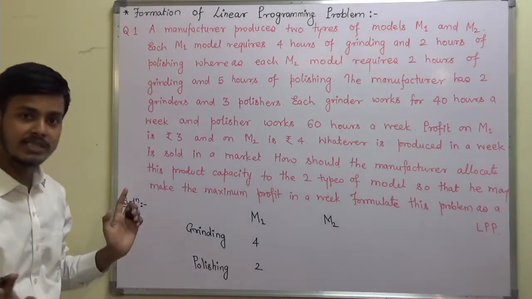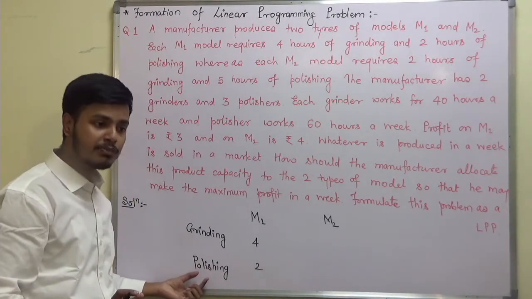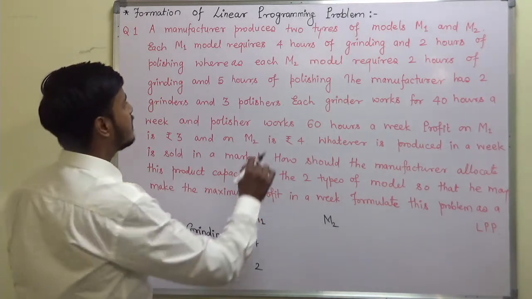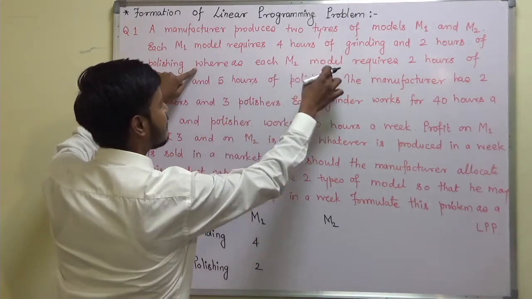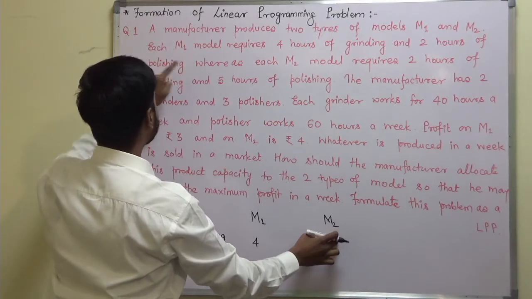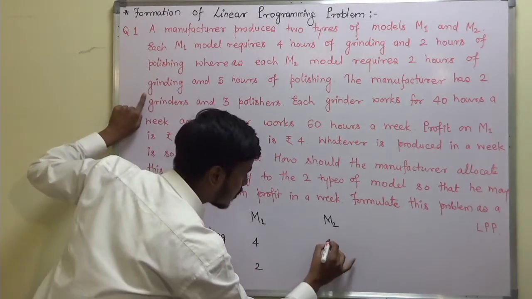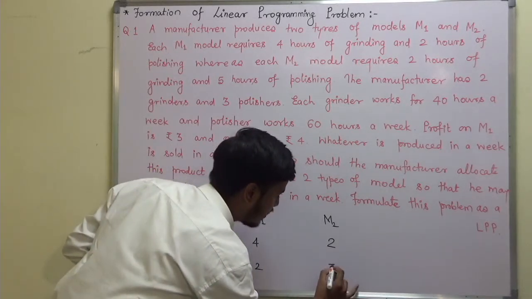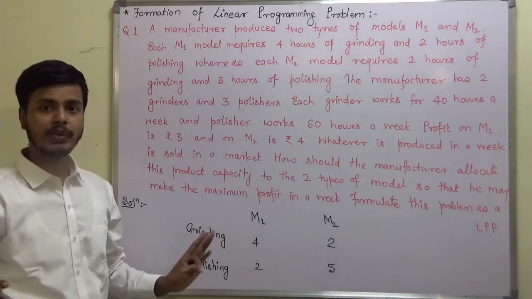Is it okay up to this? As this is the very first problem, go with ease. Whereas each M2 model requires 2 hours of grinding and 5 hours of polishing. Is it okay up to this?